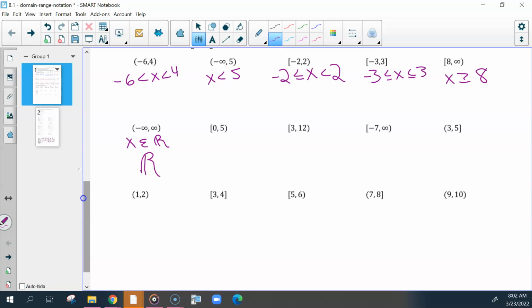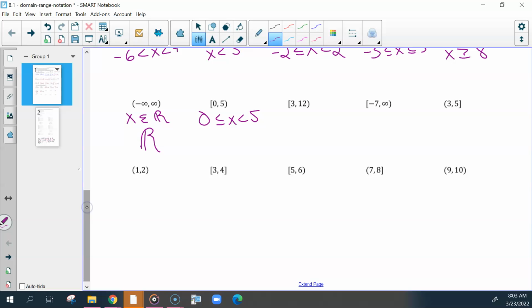From 0 to 5, how would we write that? 0 is less than or equal to x is less than 5. 3 to 12, how would we write that? -7 to infinity, is that greater than or is that less than?